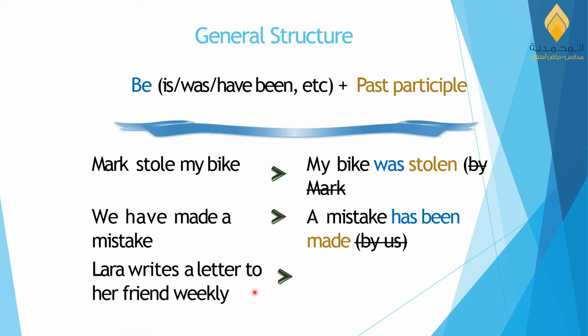Next, Lara writes a letter to her friend weekly. What's the tense of the sentence? Correct, present simple because we have an S here. Okay, I will give you just 5 seconds to try to figure out the correct answer.